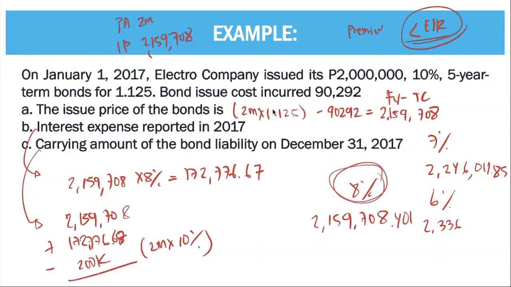So our carrying amount therefore is equal to 2,159,708 times 1.08 less 200,000. We have 2,132,484.64.